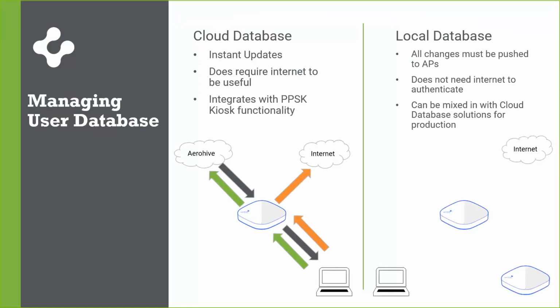In a local database scenario, if you have multiple access points in your building, they will divvy up the responsibility, and some of the access points will act as a local RADSec server, and they will hold the user database. Now, every Aerohive is hardware encrypted with a TPM chip, so you don't have to worry about the user database and the user data actually being encrypted.